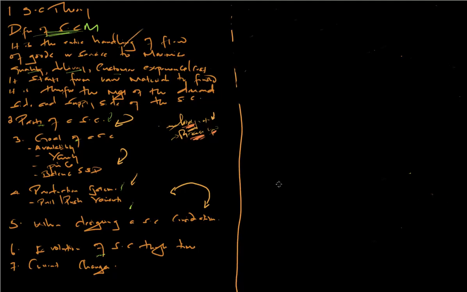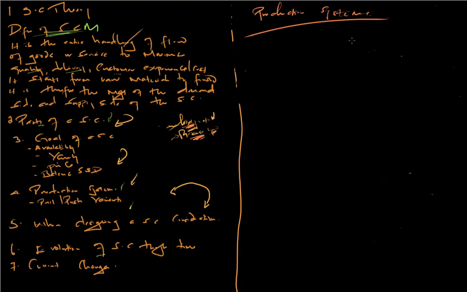Okay. So we say that you have two types of production systems within your operations.